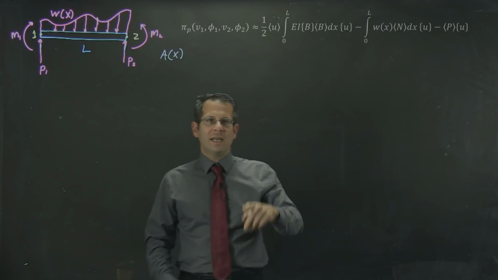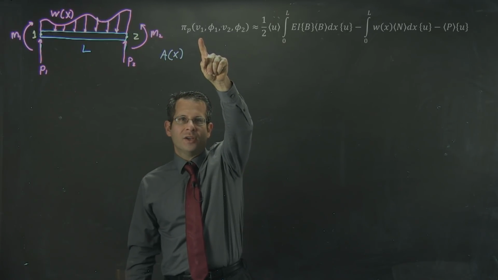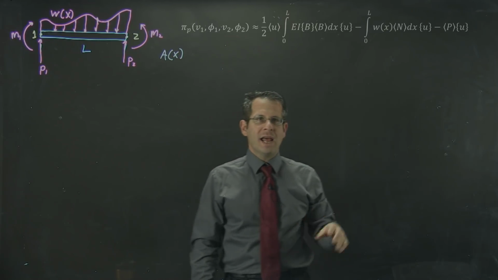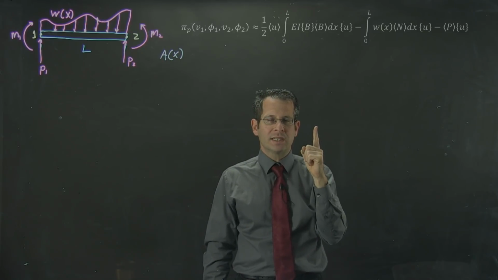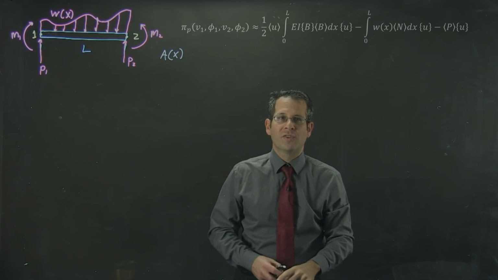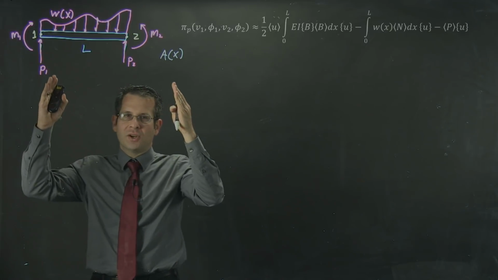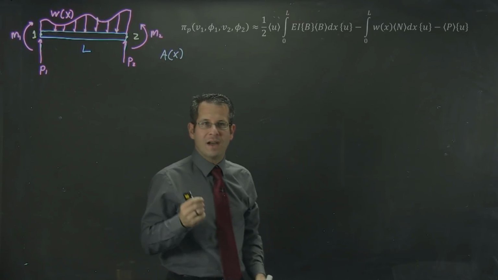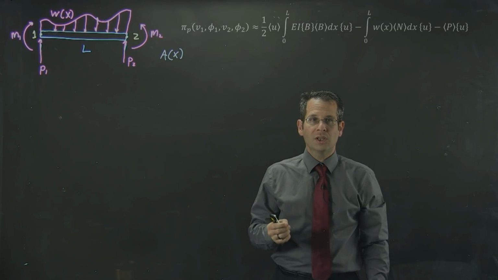If I plugged in numerical values for v1, phi1, v2, and phi2, I would get out of this function a single scalar value, which represents the total potential energy stored in this system, which again is a single value.